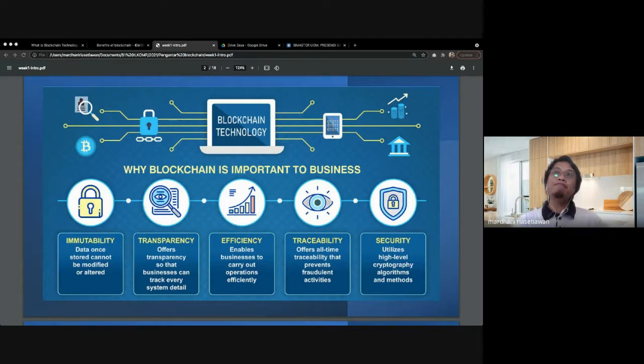The obstacle, I think, is in the rules, the central bank rules. In Indonesia, for example, the Central Bank of Indonesia at the same time released two rules. The first encourages banks to try implementing blockchain for their transactions, but the other says that cryptocurrency is not legal in Indonesia.